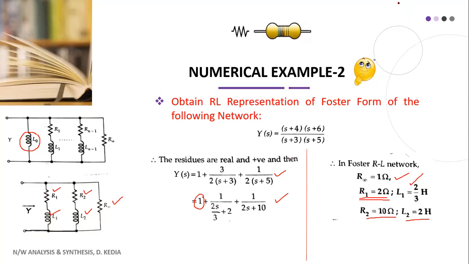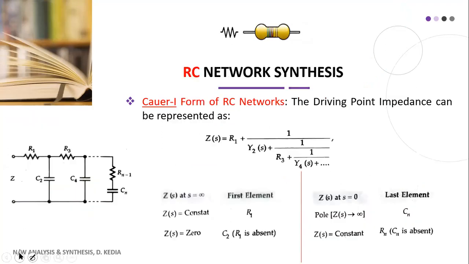Okay. So students, after discussing this numerical of RL representation for Foster form, now we move to Cauer representation. Since we have seen Foster 1 and Foster 2 representation for both RC and RL, similarly, we also need to look into Cauer 1 and Cauer 2 representation, again for both RC and RL.